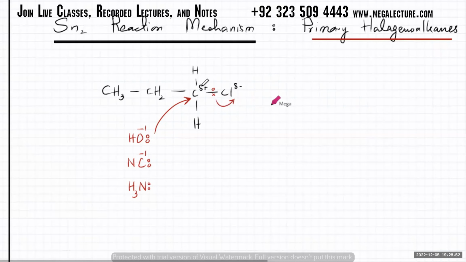So the OH- is very strongly attracted to this carbon that's positive. The electrons over here get repelled because there's negative charge coming in. And the other two can also be nucleophiles.